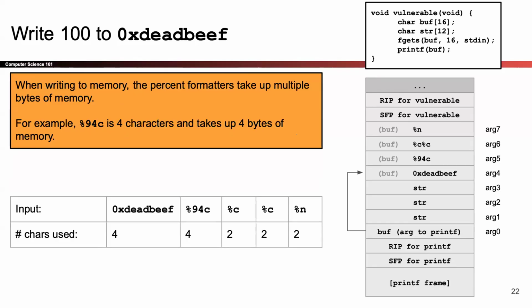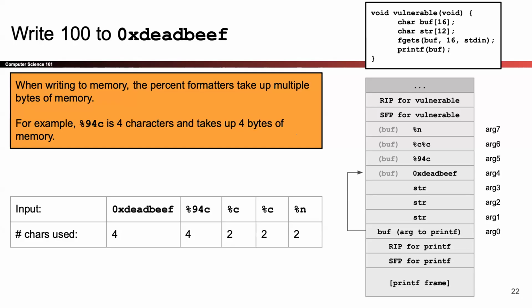The program reads that input into buff, which is stored on the stack. So I've updated the stack with those values that were copied in. Now printf reads that format string in buff and says, let's see, there are four arguments.